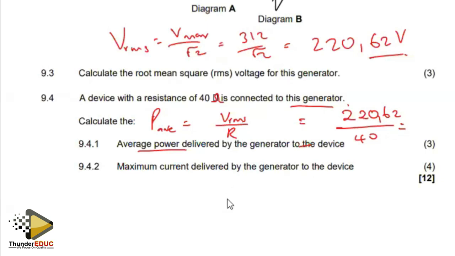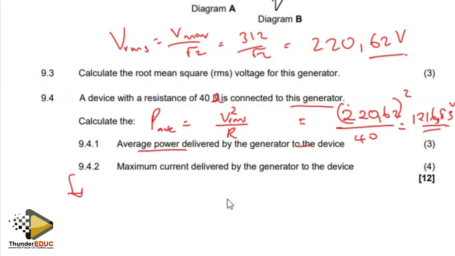Because I'm looking at the power, so I need to square that as well. 220.62 squared, divided by 40, gives me 1216.83 watts.